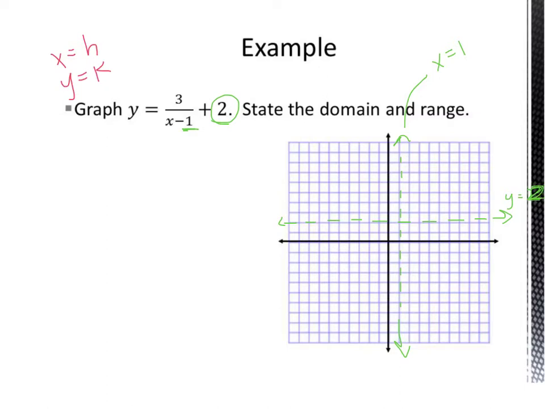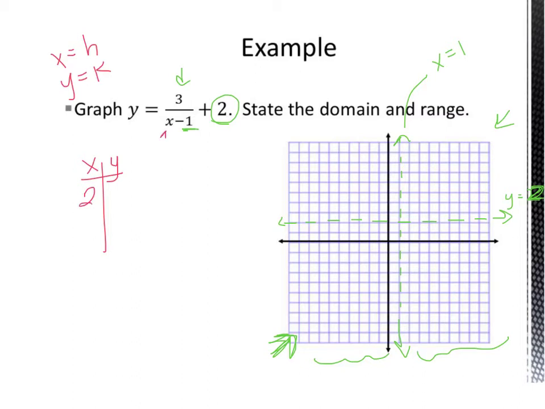Okay, and from here we want to graph it. You know that one part is to the right of that vertical asymptote, and one part is to the left. And you should kind of know that this one over here is on top and the one over here is on the bottom, because 3 is positive. But I'm just going to make a table. I can't put in 1, so I'm going to start by putting in 2.